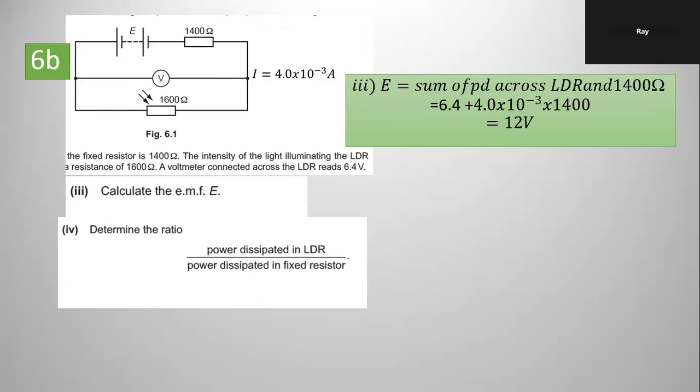Then try the next one, number 4. Careful with your writing. You need to improve your writing.